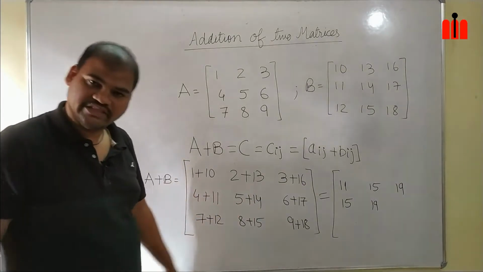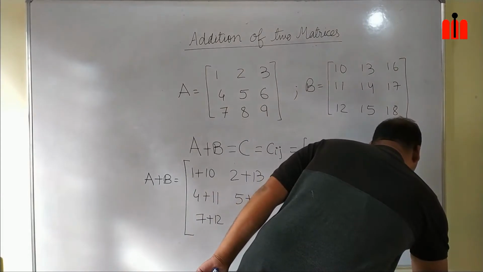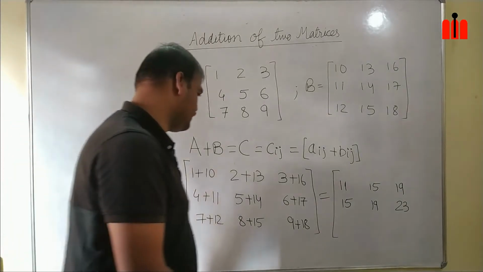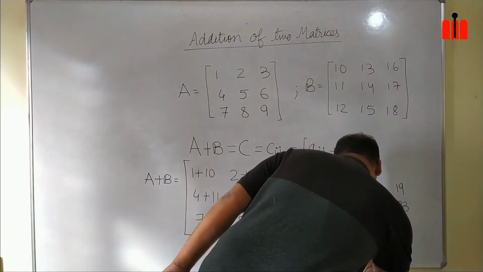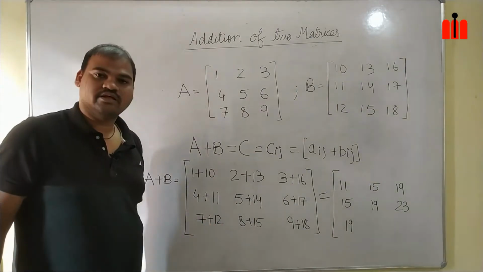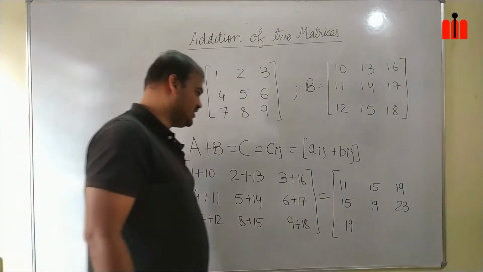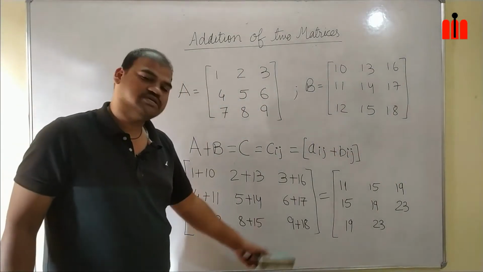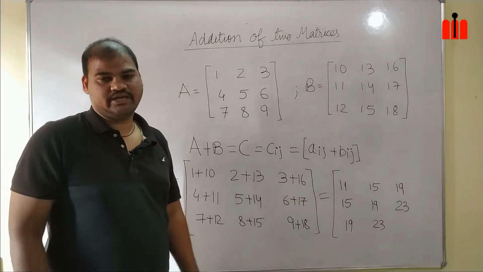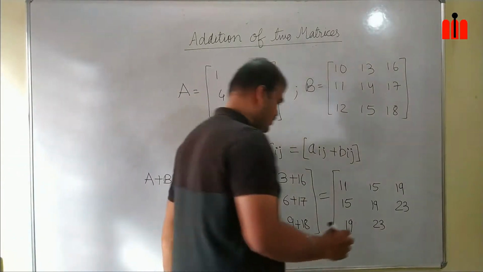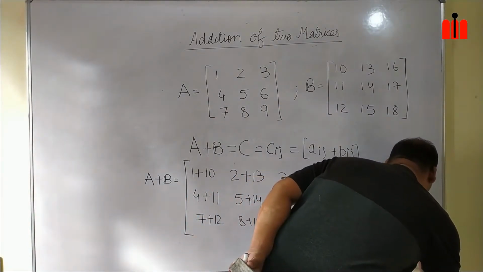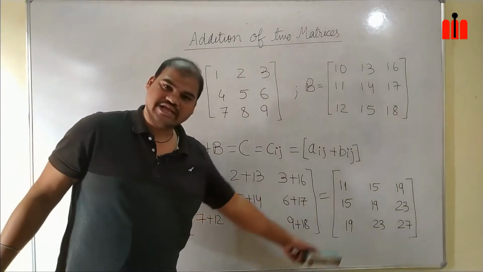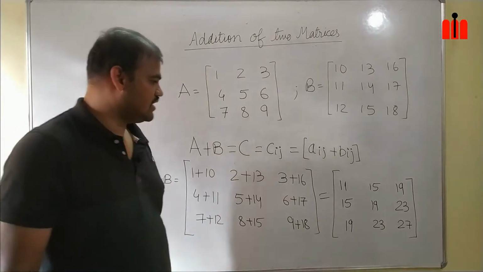C23, 23. C31, 19. C32, 23. And this is C33, which will be 27. Close the bracket. So this matrix will be my C matrix.